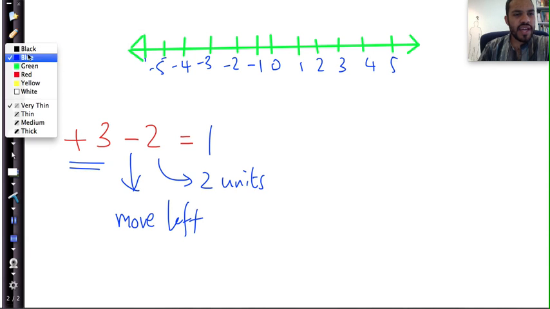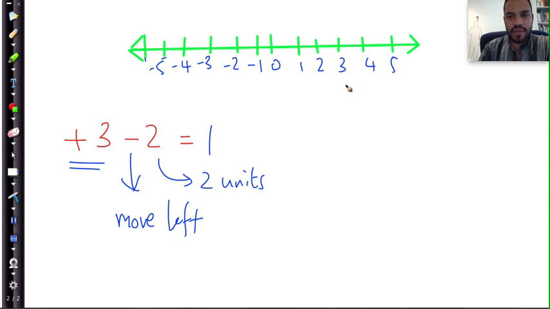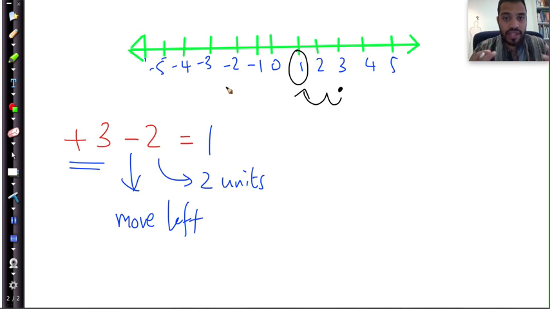So let's start with positive 3. I'm going to start here and move to the left, that way, 1, 2 units, and that's my result. So the answer there is 1. Here you can clearly see that when we want to subtract numbers, we're going to move to the left.